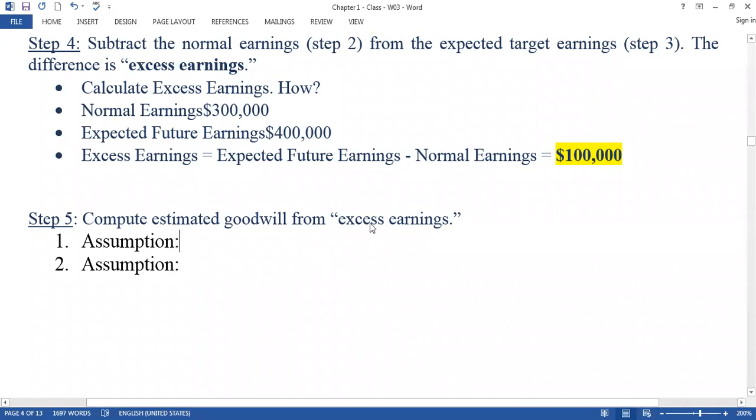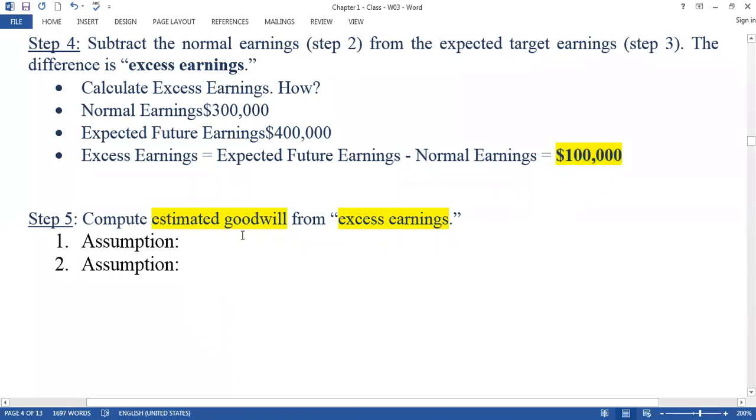To estimate the goodwill, we compute the goodwill based on excess earnings. So we already have the excess earnings and we have to estimate the goodwill. Again, if your excess earning is a mistake, step 5 is also going to have a mistake.